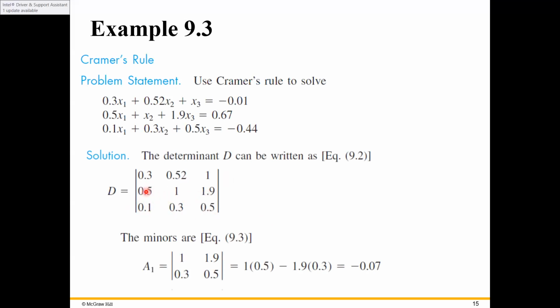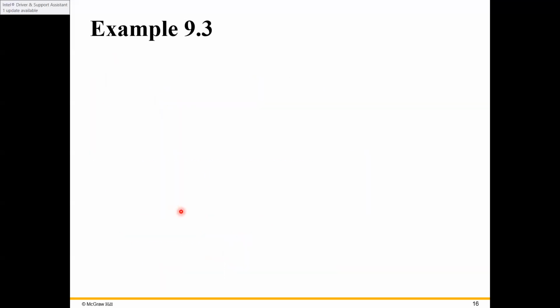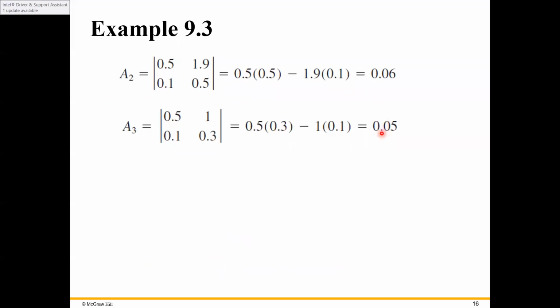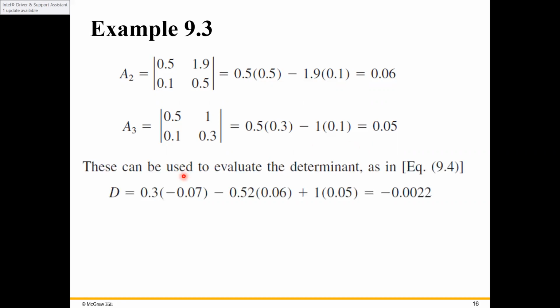And the third one is 0.51, 0.1 and 0.3. So this is the determinant for the third one. You can see that all the three determinants which we have found are very close to 0. So what is the determinant for the overall matrix?